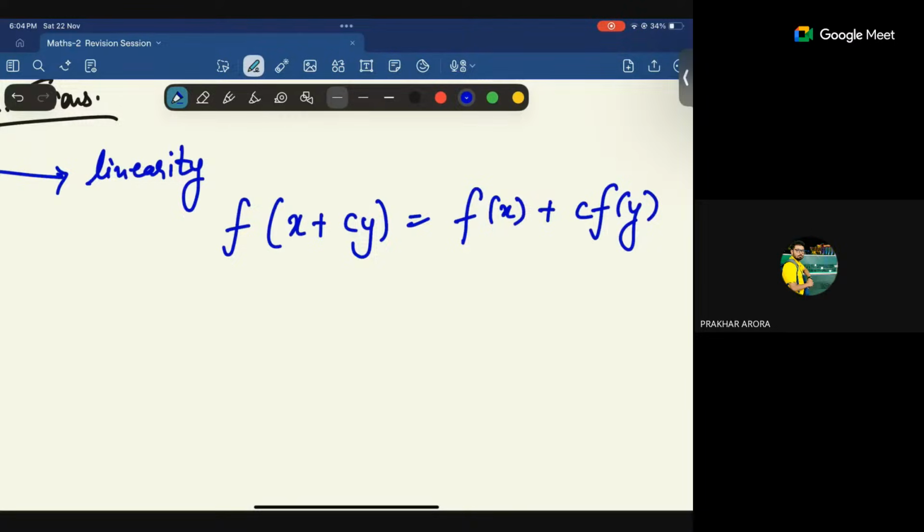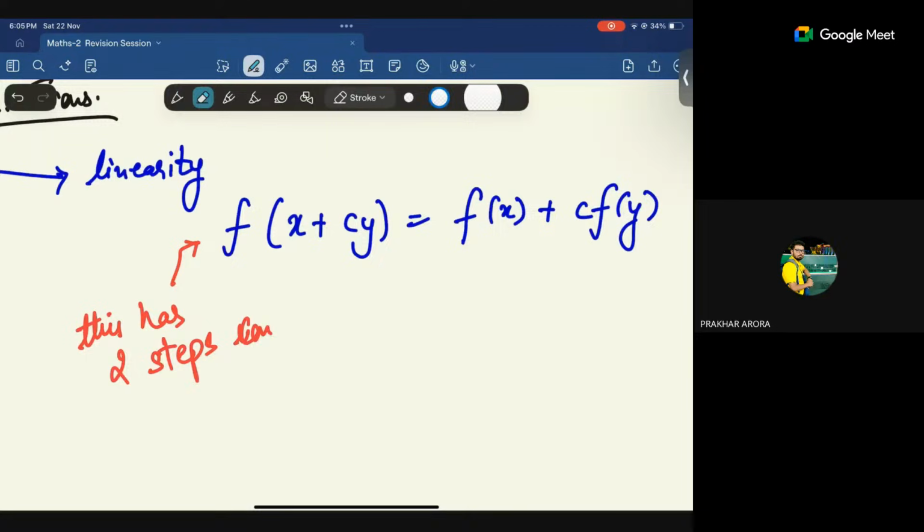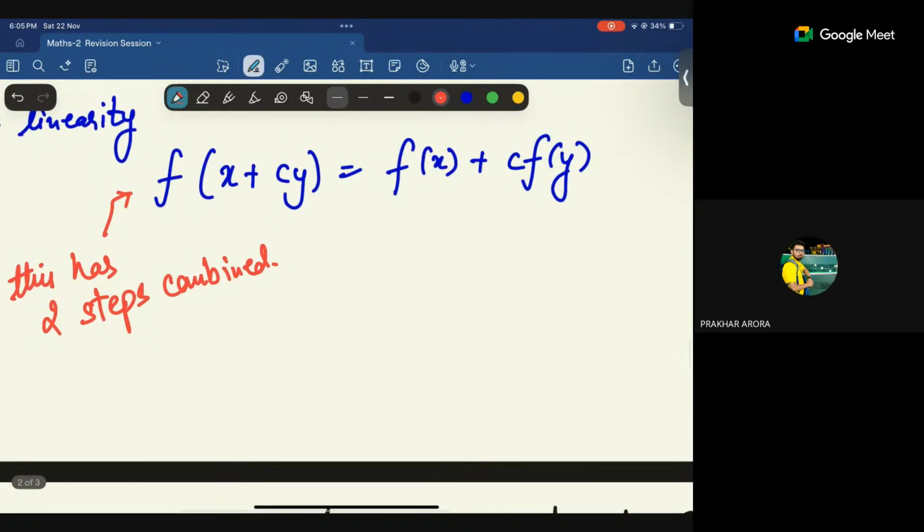What I like instead is also just the same thing. Here this equation has two steps combined. That is why I am not a very big fan of this. Whenever I have to use linearity, I use this thing because I am comfortable now, but when I have to teach linearity, this is not how I proceed.